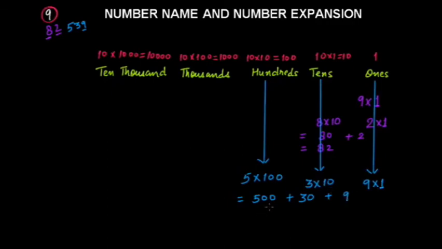Therefore, how will you read this number? We'll read it 539. You read this number like this, 539. And as I told you in the previous video, we always group these together, and then the thousands together, and if we have lakhs, then lakhs together, and if we have crores, then crores together.